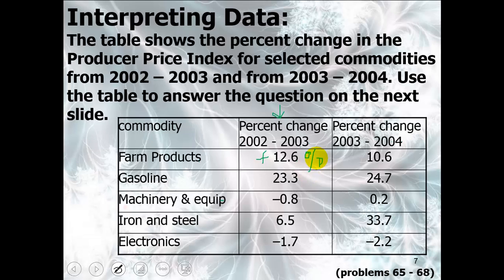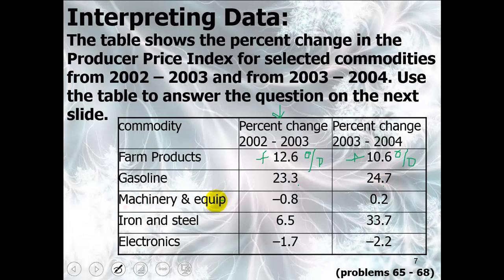So the prices went up 12.6%. In 2003, 2004, the price went up another 10.6%. So gasoline went up 23.3% from 02 to 03, and it went up 24.7% from 03 to 04.